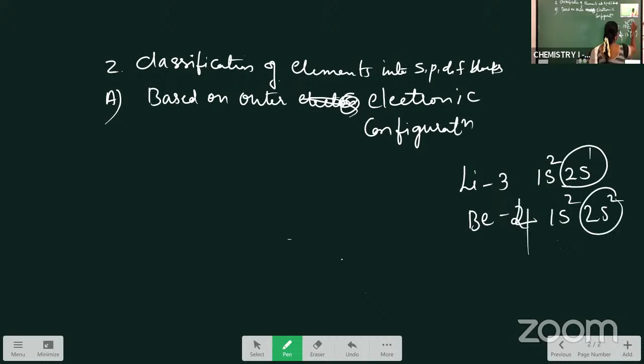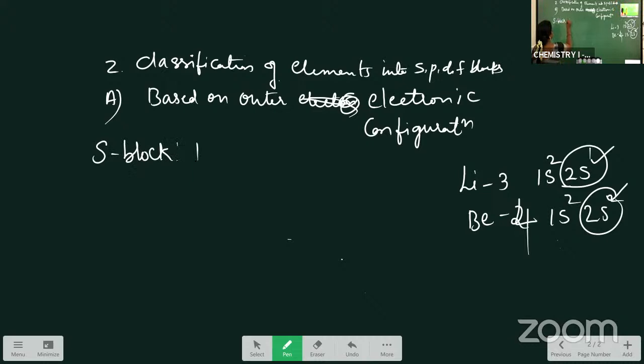So 2s1, 2s2. All the elements whose outer electrons are present in the S subshell are classified into S block elements. So first we are going to see S block.